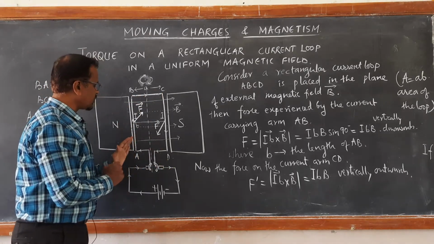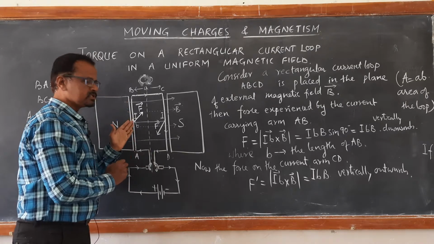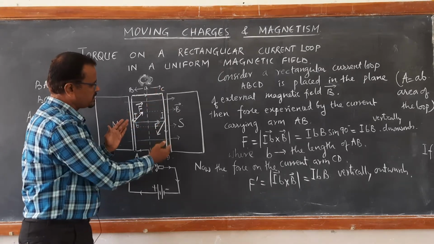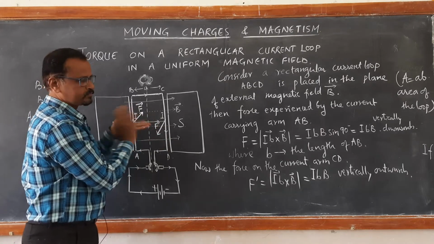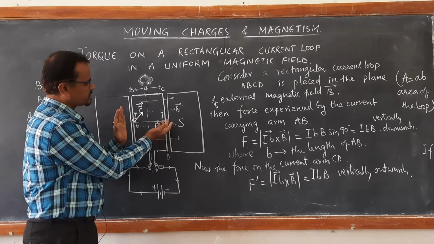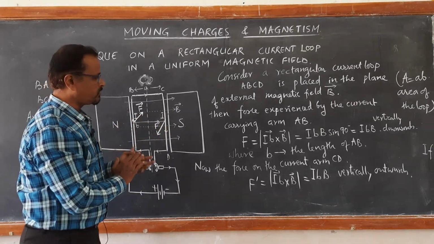Only two forces are acting here: on arm AB, which is trying to push it downwards, and the force on CD, trying to push it outwards. As a result, you see, two equal and opposite forces acting at two different positions exert a torque. Now we can calculate the value of torque.